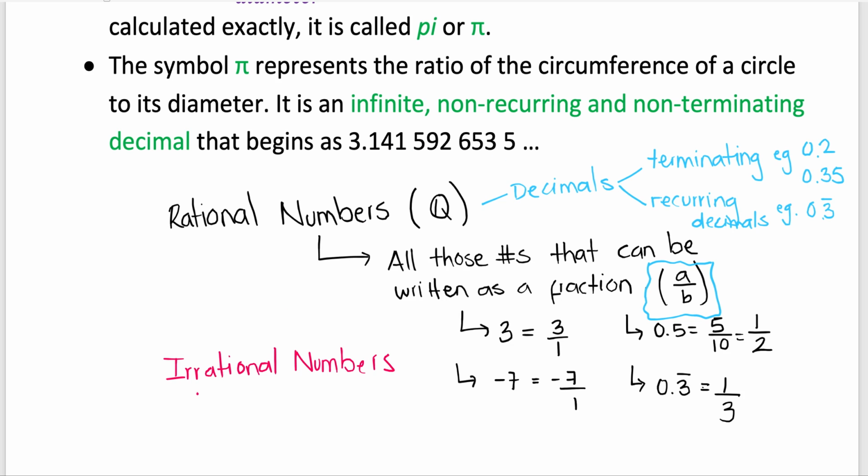So irrational numbers cannot be written as a fraction. And an example of this one is pi. Okay? Wonderful.